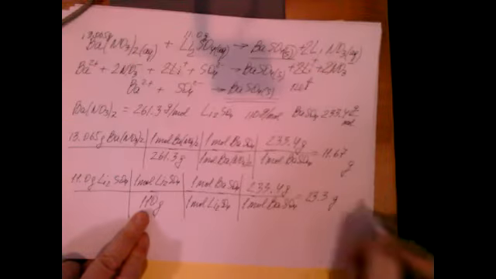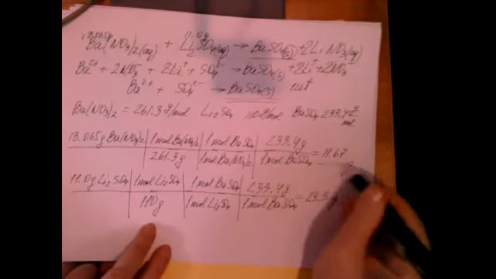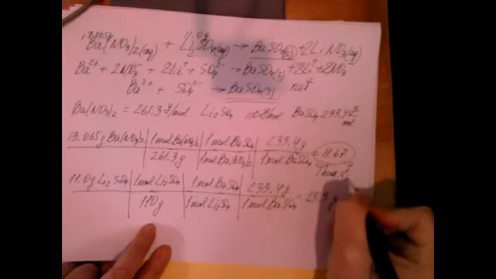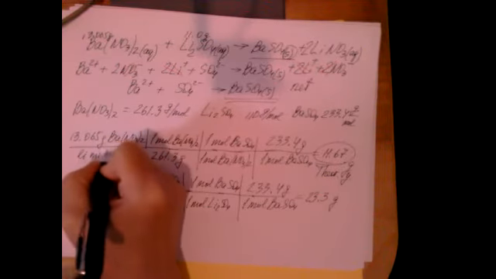That gives 23.3 grams. So this is smaller, right? So this is our theoretical yield, and it shows us that barium nitrate is limiting reactant.